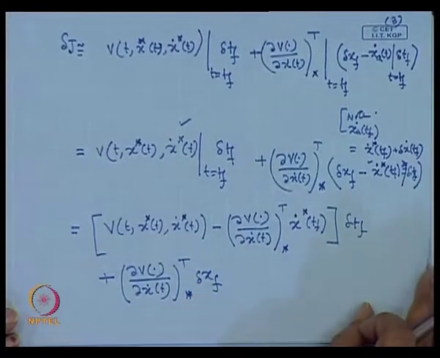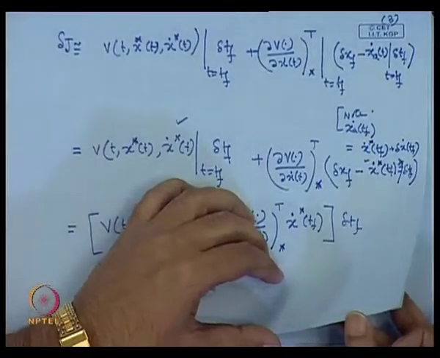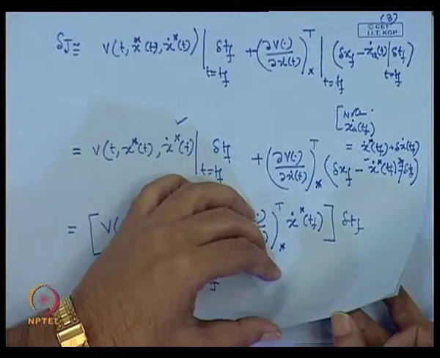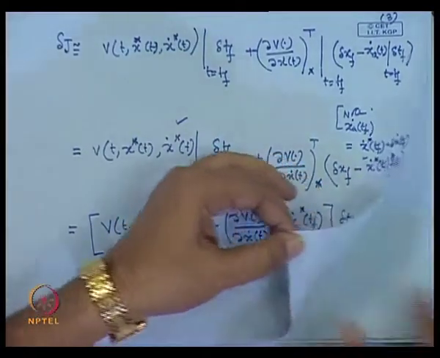Okay. So, now let us see what condition we can impose in order to make delta J, the first variation of the functional, equal to 0.